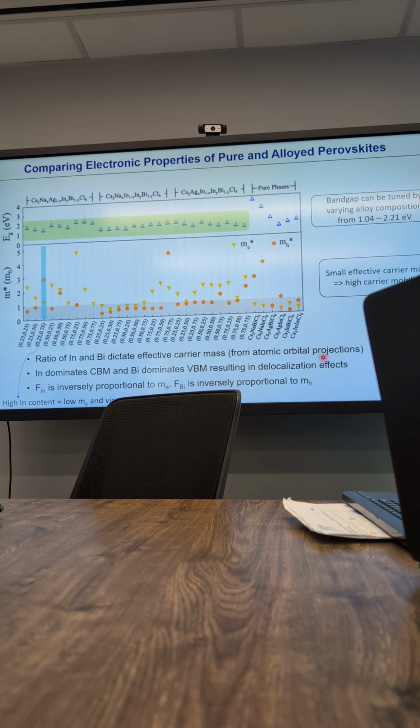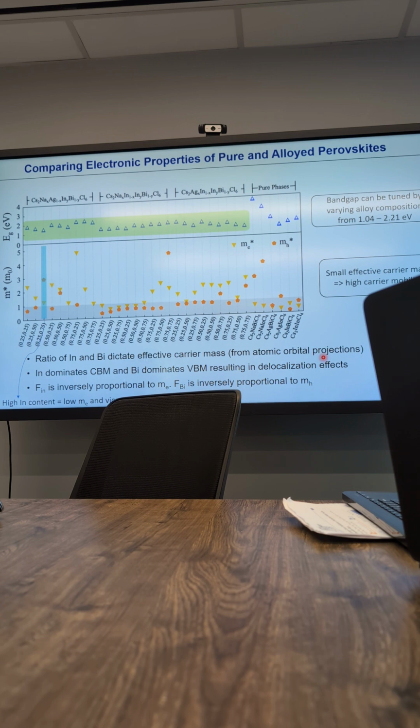So they had these values, they superimposed them onto the atomic orbital projections of each system, and said that indium is characteristic for the conduction band minimum, and bismuth is characteristic for the valence band maximum. Even though silver and the other elements are common in both, indium dominates the conduction band, and bismuth dominates the valence band.